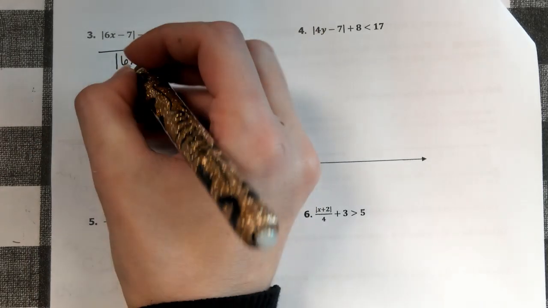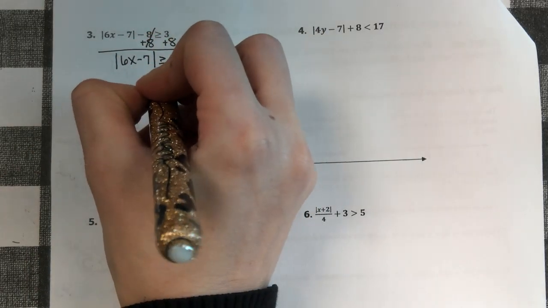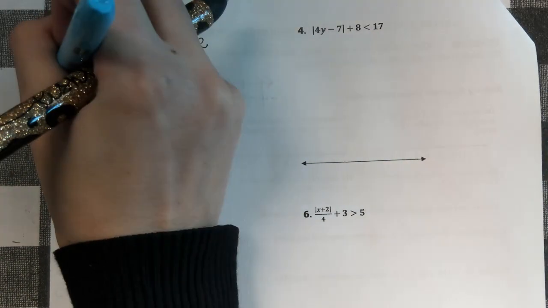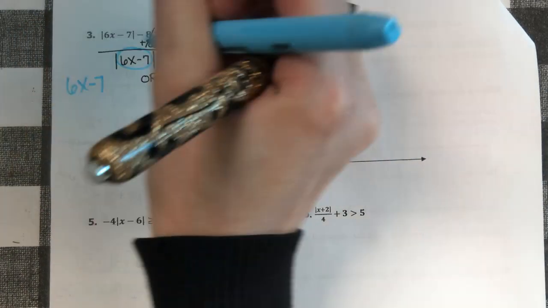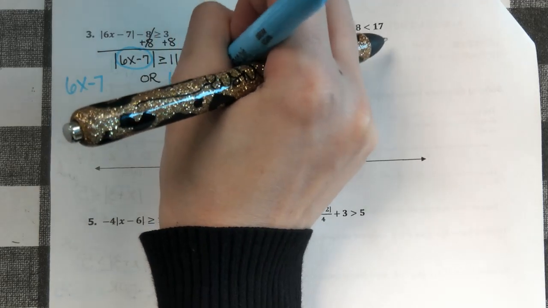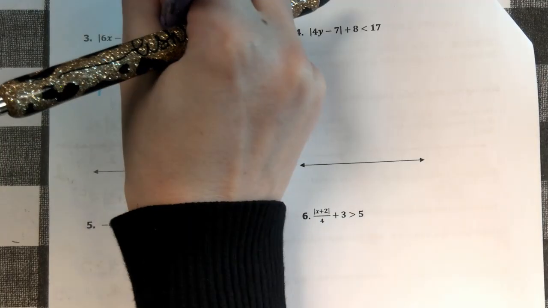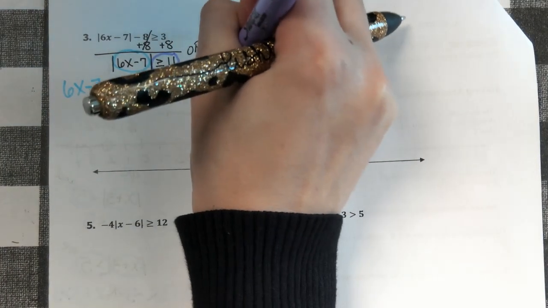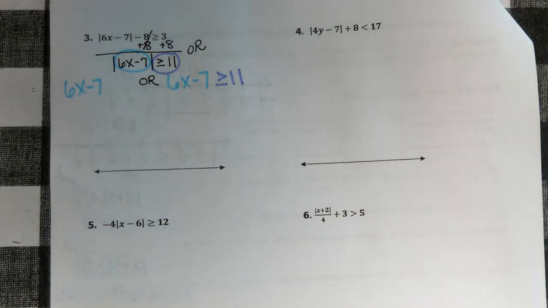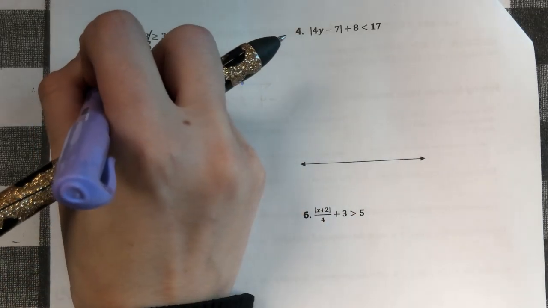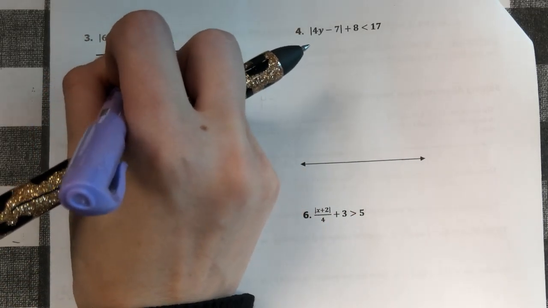So I'm going to have two inequalities separated with an or, so I've got my 6x minus 7 that I'll write twice. The greater than or equal to 11 goes on the right, because positive always goes on the right. And then when I make it negative on the left, I flip that symbol: less than or equal to negative 11.